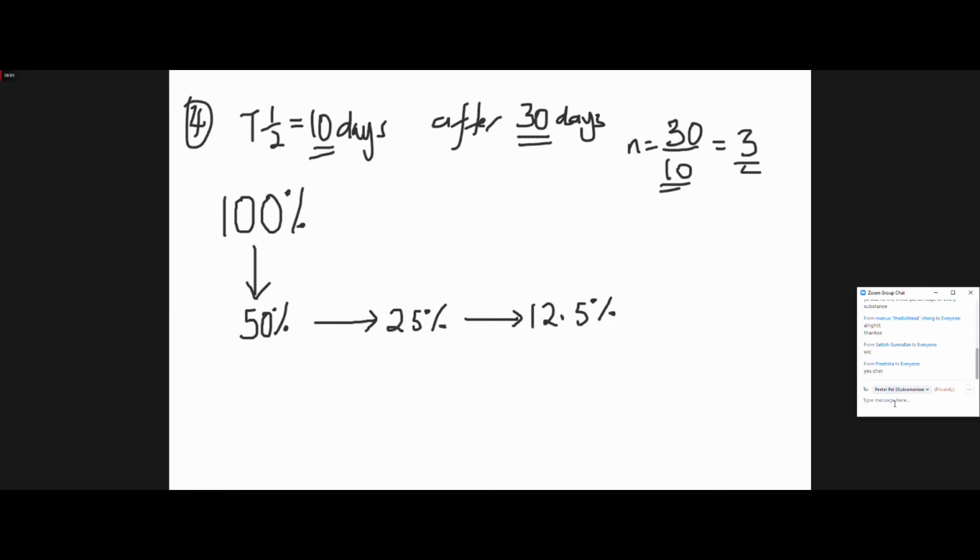You have to give the amount that has decayed and the balance. The amount decayed will be 87.5%.